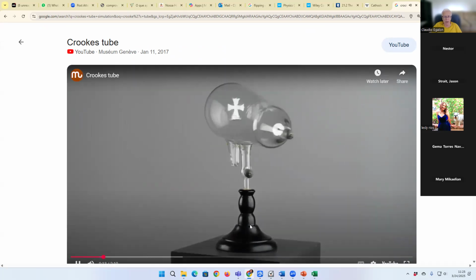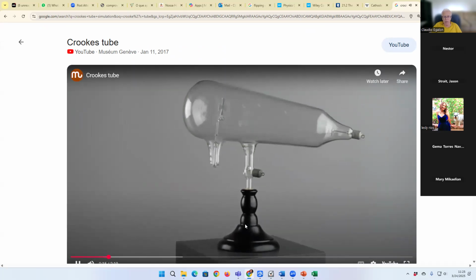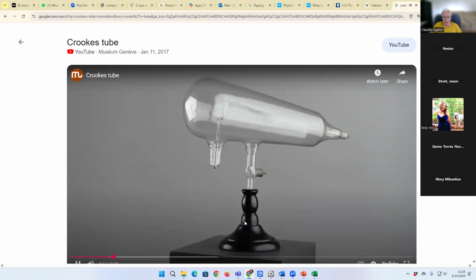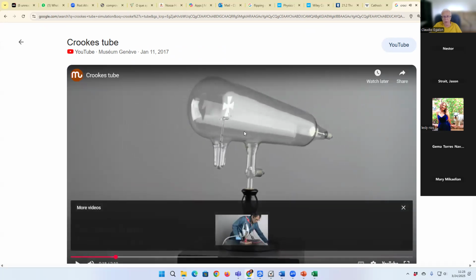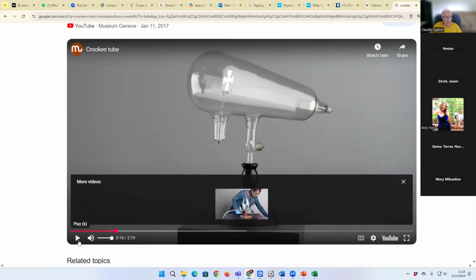Okay, we have one of those there at LA Harbor. I like to show that to my students when I do my in-person class, okay? So we have this cross, they put that on purpose, so you can see the image that's going to be formed right in here. The electrons are emitted from this little plate, okay? And let's watch the movie first. Here you go.